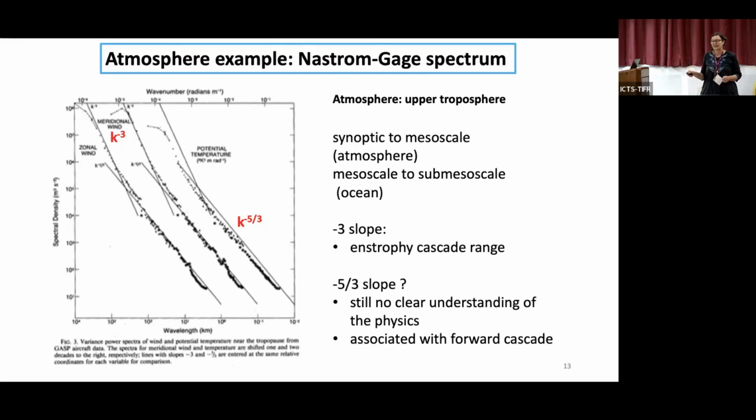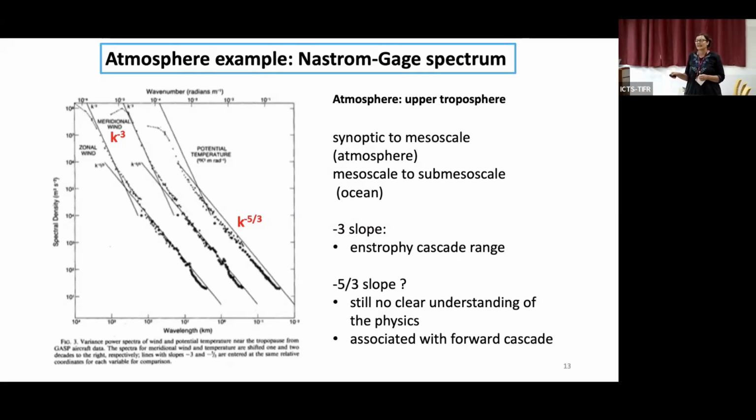So that basically agrees with your geostrophic turbulence enstrophy cascade. So this is a proof that this enstrophy cascade is taking place in the atmosphere. And then for larger wave numbers, you do find this k to the -5/3 slope. So this would be the mesoscale, the oceanic submesoscale regime.